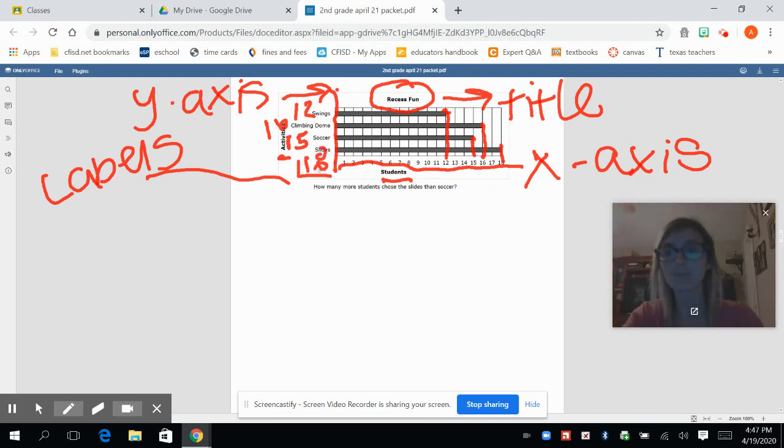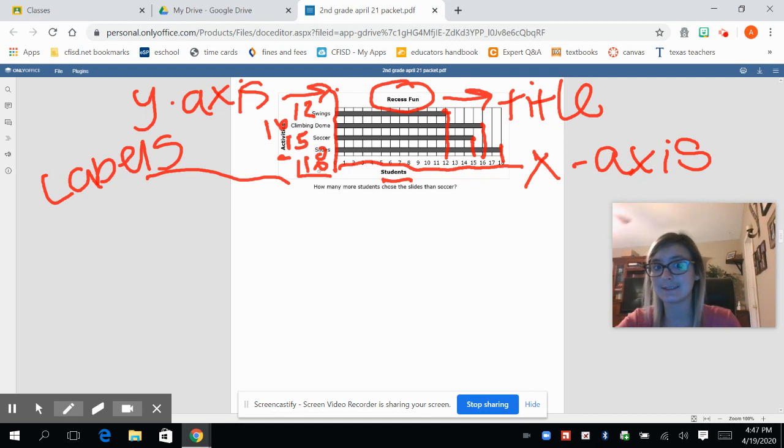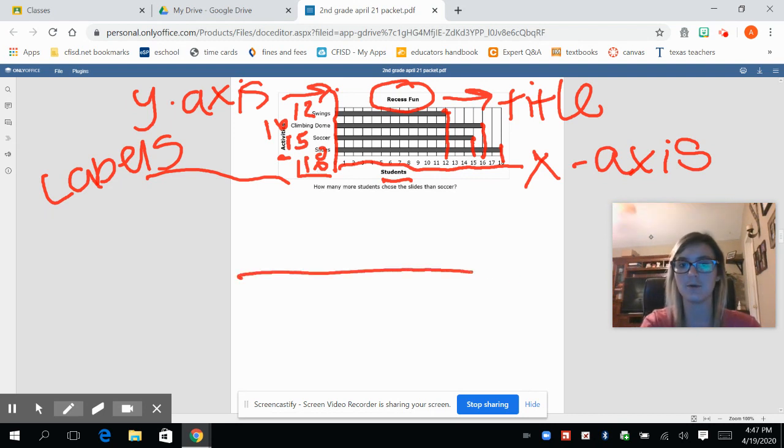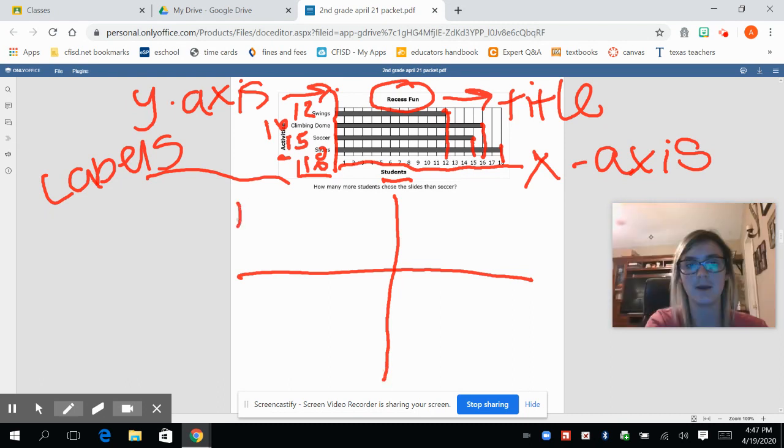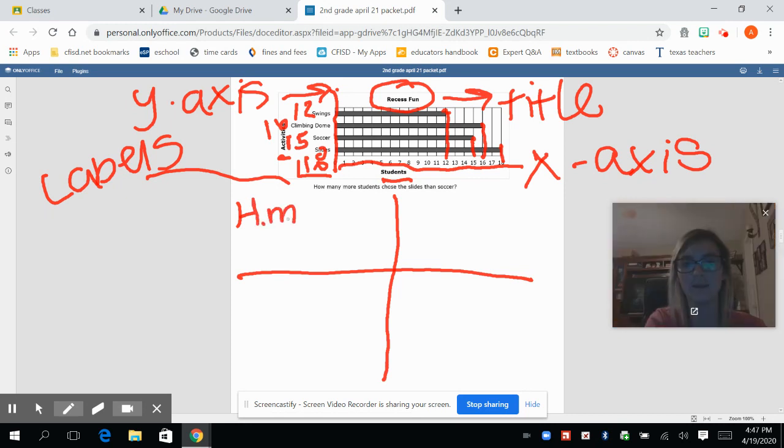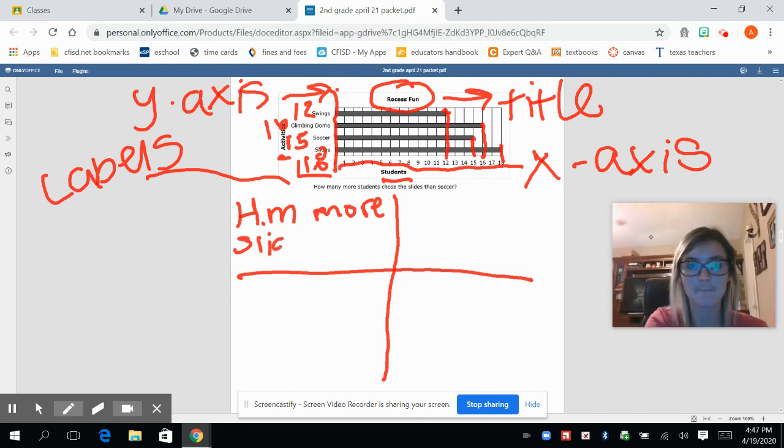Now it's going to ask us a question. It says, how many more students chose the slides than soccer? We want to make sure we're doing our 4-step process. So we want to know how many more slides than soccer.